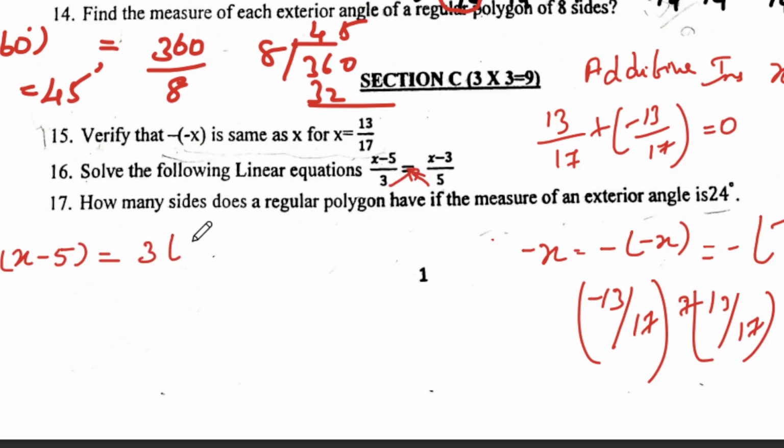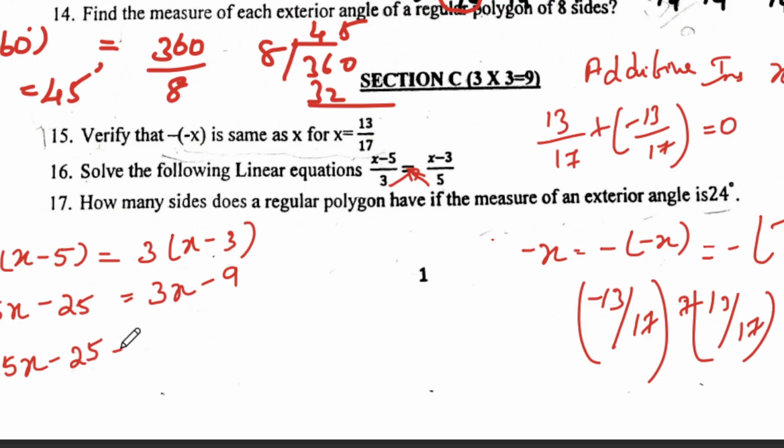So 3 into x minus 3. 5 into x is 5x. 5 5s are 25. So 3 into x, 3x. 3 3s are 9. So 5x minus 25 minus 3x, which is equal to minus 9.